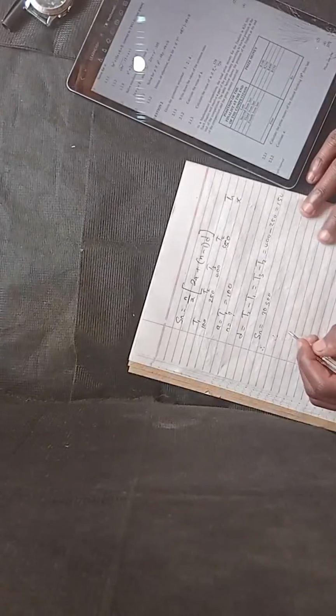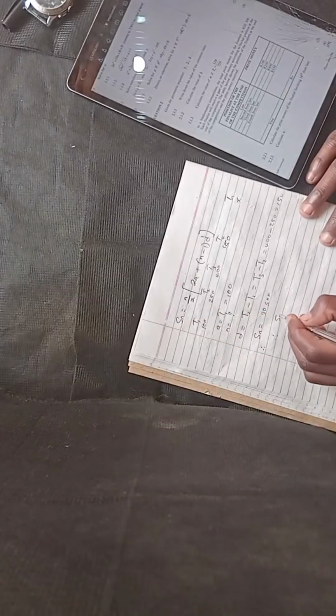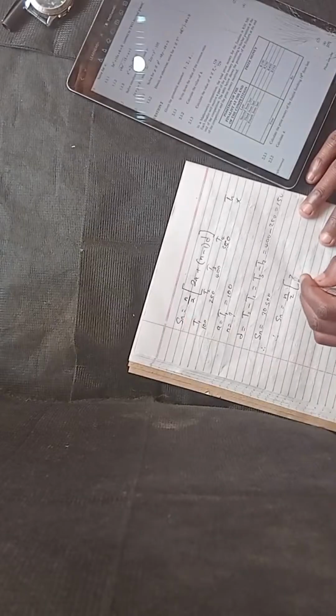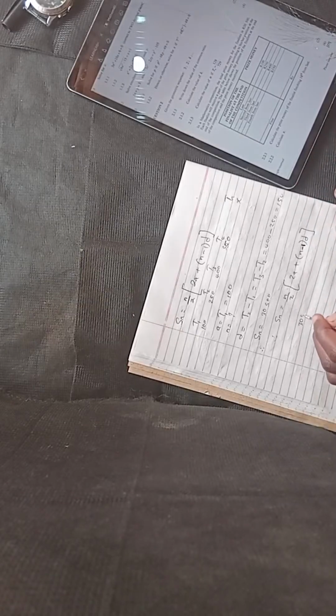All of their money together is 30,000. Therefore, we say Sn is equal to n over 2, 2a plus n minus 1 d. So Sn is equal to 30,000, which is equal to n, we do not know, divided by 2, bracket, 2a is 100, plus n minus 1, d is 150, all brackets.